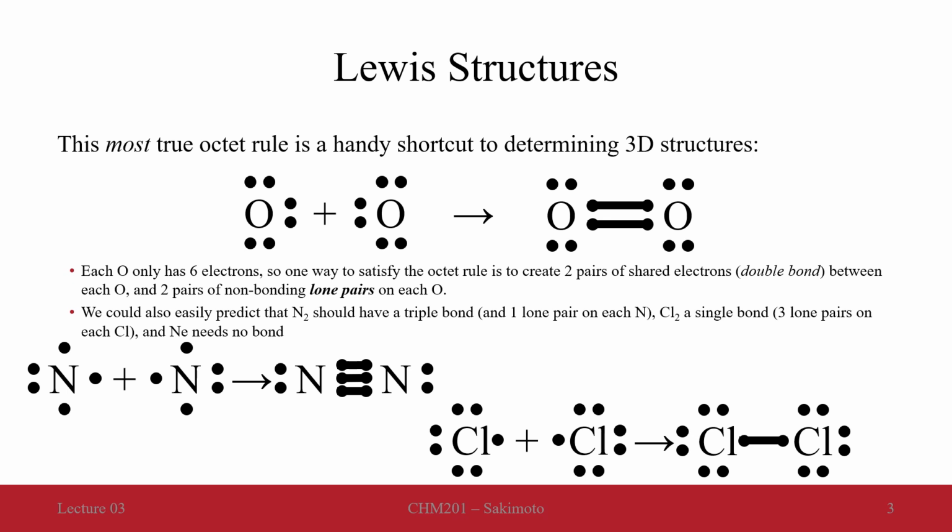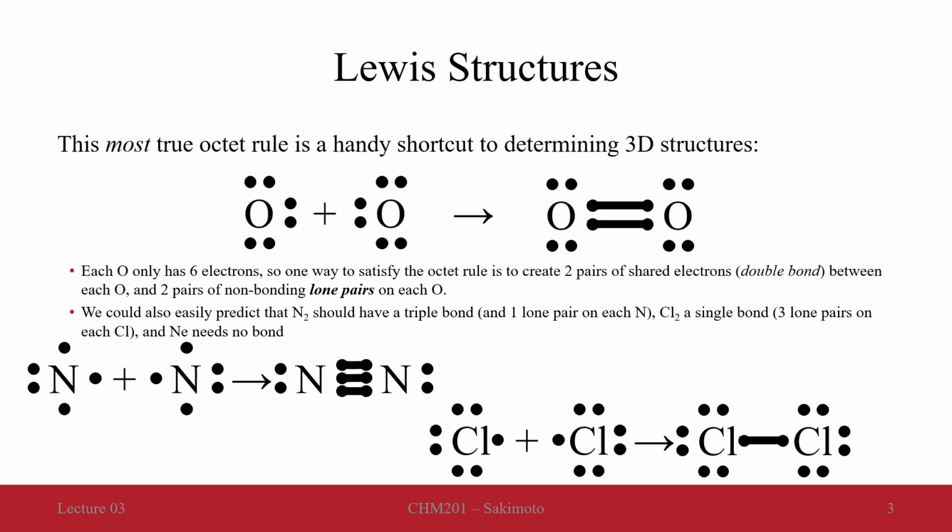This chlorine, with an identical chlorine, is going to have to share a pair of electrons between the two. Once again, we can count 1, 2, 3, 4, 5, 6, 7, 8 electrons for that particular chlorine, satisfying this octet rule. Each chlorine is going to have one bond, a single pair of shared electrons, as well as 3 sets of lone pairs.